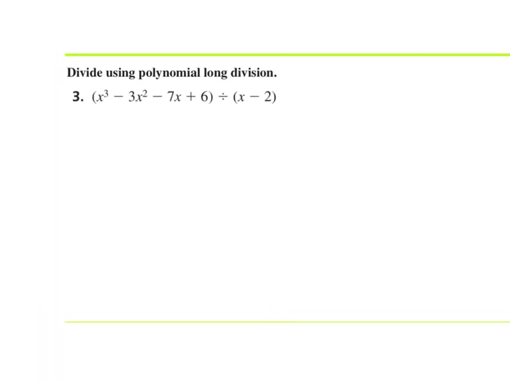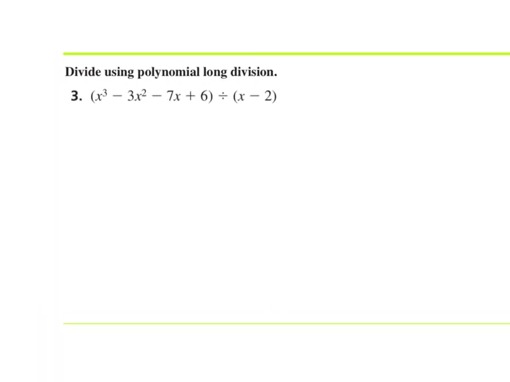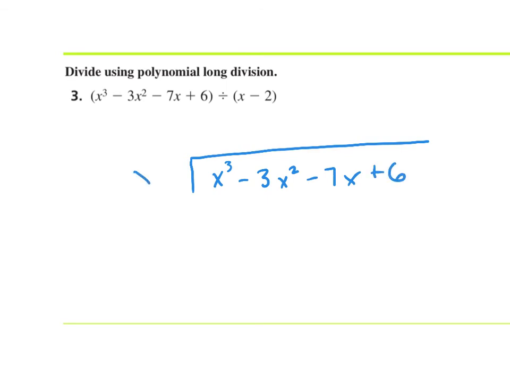Let's look at the next one. What goes inside of our box? Perfect. X cubed minus 3x squared minus 7x plus 6. And that means x minus 2 goes outside. All right, how do we start from here?